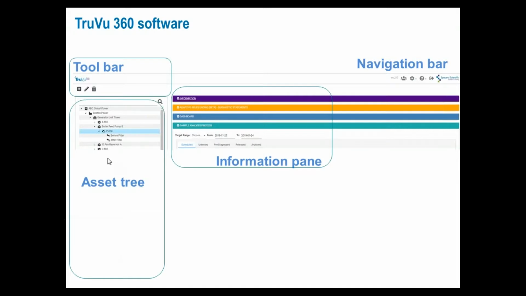And the left-hand side is the asset tree, where you build out your asset structure and identifying information such as types of components, limits, etc. And then finally, the toolbar, where based upon what level of the asset tree you're at, the actual tools within the toolbar vary. So that said, that's just a very succinct overview now.